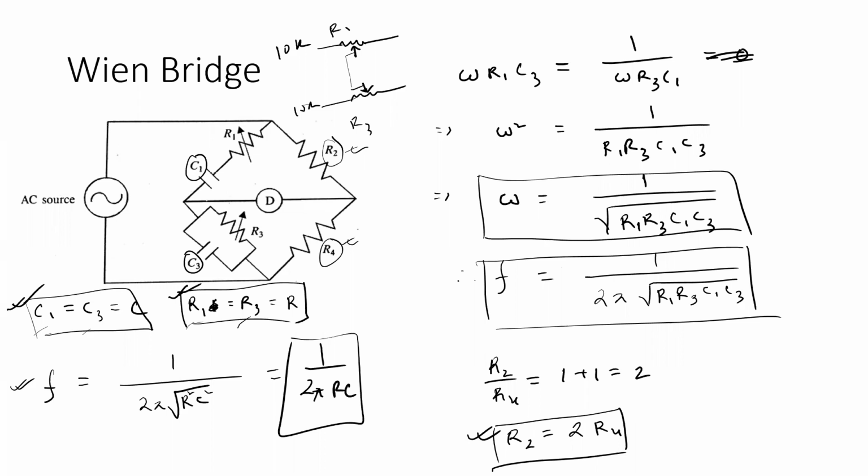So that is the last bridge circuit that I wanted to discuss in this class. So it is for measuring unknown frequency, whereas the other bridge circuits are for measuring unknown inductance or capacitance.